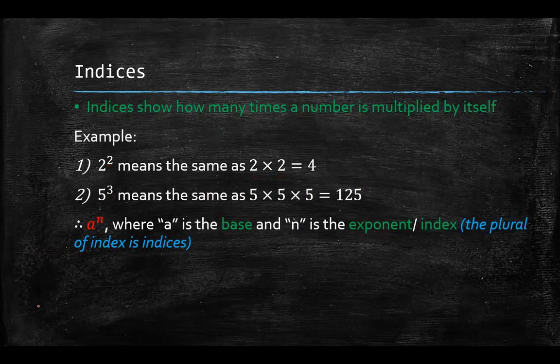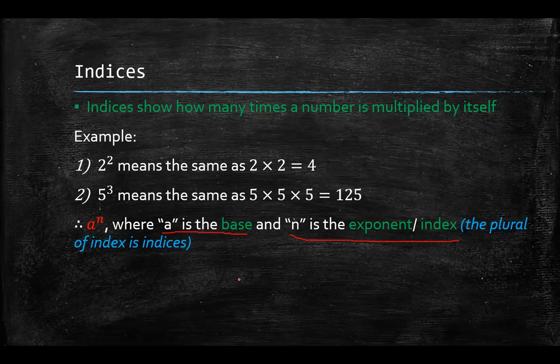So that's why we could say it's written in the form a to the power of n, where a is called the base, and n is called the exponent or the index. Why did I say indices are also known as exponentials?